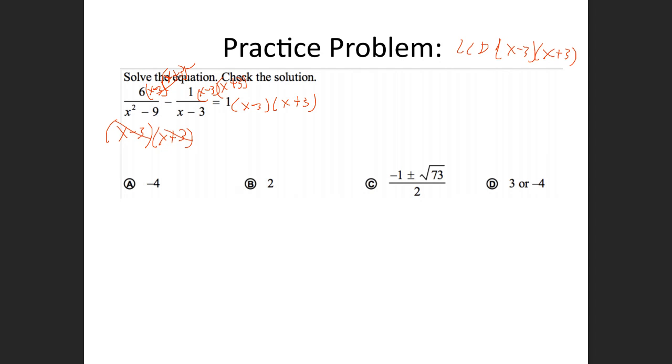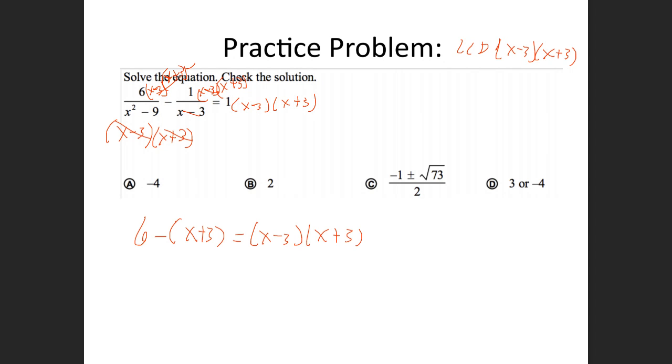So I'm left with 6 minus, looks like the x minus 3 is going to cross off, so I'm left with x plus 3 here. And why did I put the parentheses in there? Because it's minus that, so this minus sign goes to both of these, is equal to, and then over here I'm left with x minus 3, x plus 3.